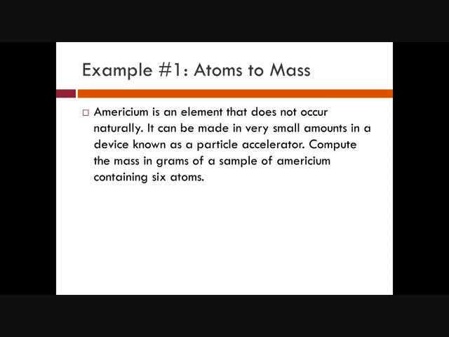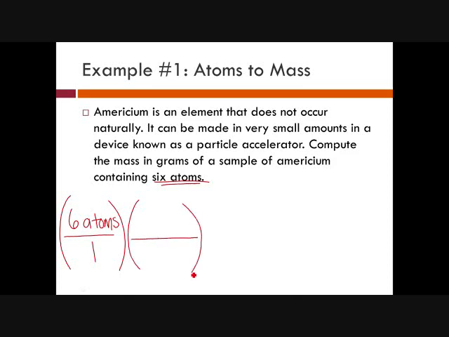To solve this, you guys remember the dimensional analysis, the parentheses dividing stuff? What do we do first in the first parenthesis? Put the number over 1. So what are we going to put over 1? 6 atoms, yep. Then we were just talking about atoms, and we have Avogadro's number, which is how many atoms are in 1 mole.